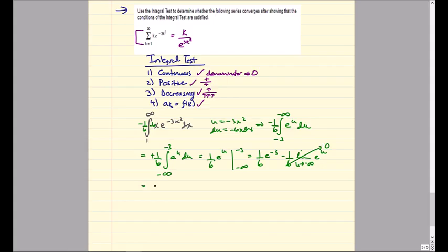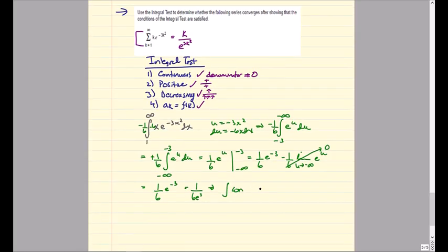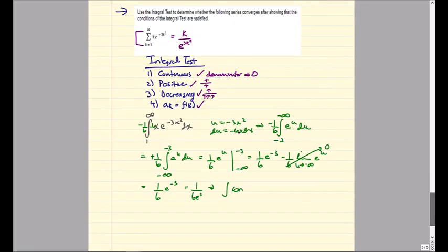And what I'm left with here is 1/6 e to the negative 3, which is 1 over 6e cubed as well. So what this means then is the integral converges. It's going toward a particular value. The integral converges.